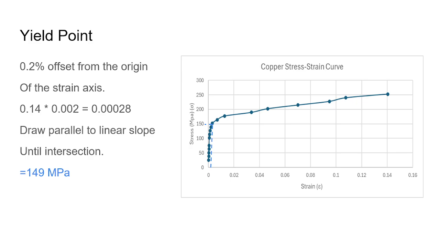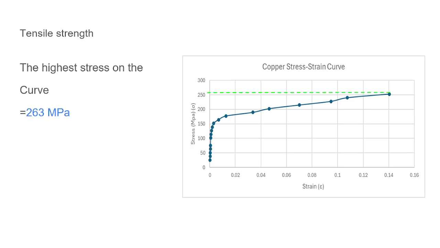We draw a parallel line to the linear slope and then match where it intersects with the function, and that gives us about 149 megapascals. The tensile strength is the highest stress on the curve at 263 megapascals. It's just a straight line over from the highest point onto the stress value.